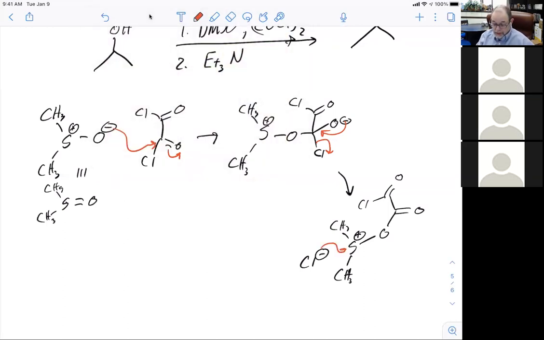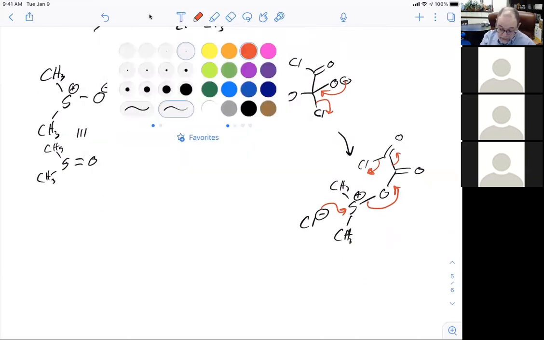And then we get a nucleophilic attack of the chlorine onto the sulfur. We get these electrons coming back around to create a double bond there. We get the electrons here going towards the oxygen, kicking off the chloride. So we get a cascade. We've seen this in a couple of other mechanisms.